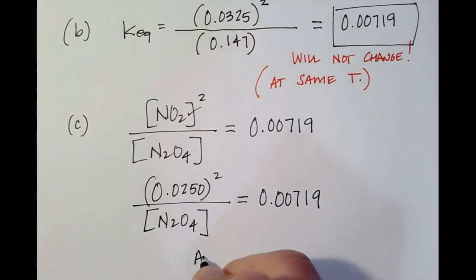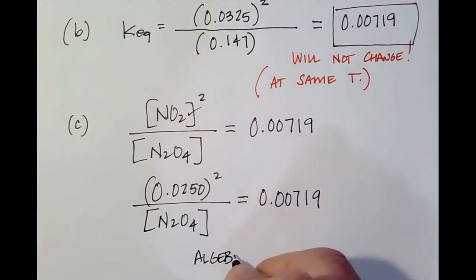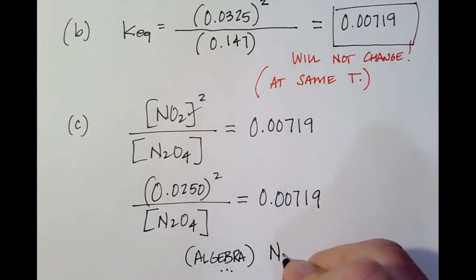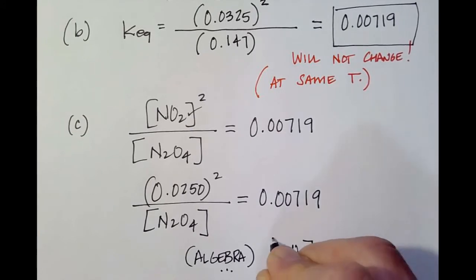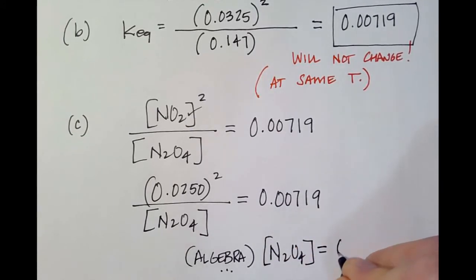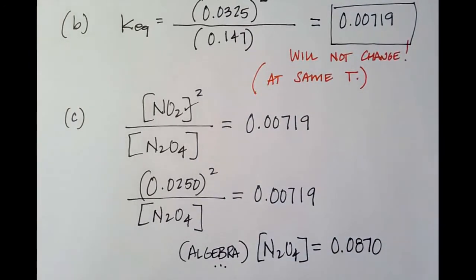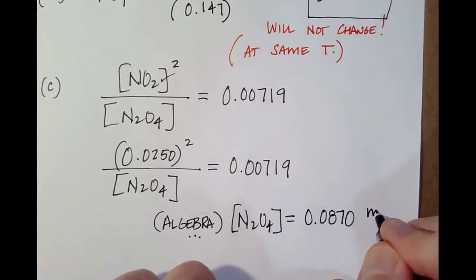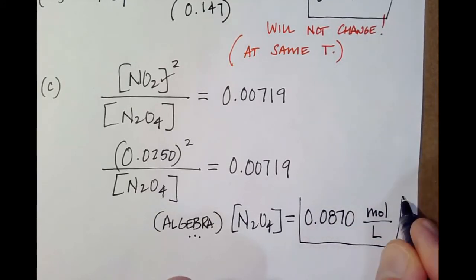Now I'm going to do some algebra, and I get N2O4 concentration equals 0.0870. Now, I have to remember that the units we're using give me a concentration in moles per liter.